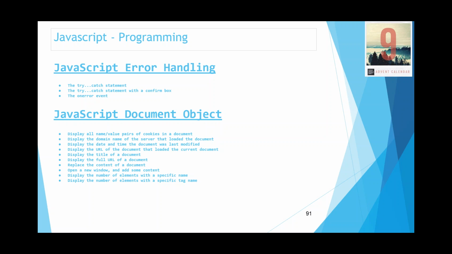So when you are doing google.com, this DOM will return which server it is executing. It also gives the date and time the document was last modified, the URL of the document that loaded the current document, the title of the document, the full URL of the document, and you can replace the content of the document.